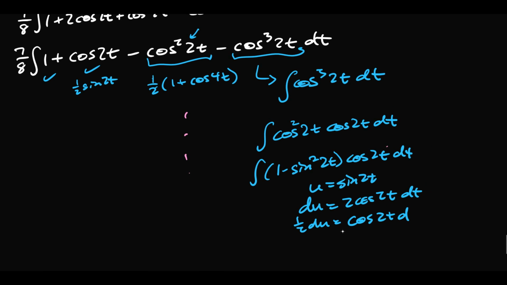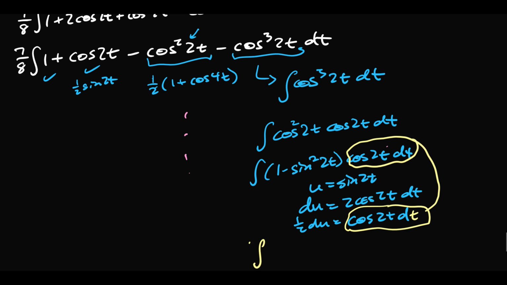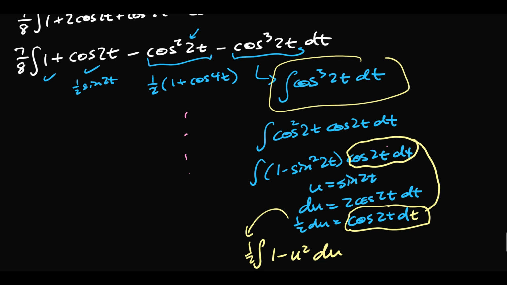So this replaces what we have up here, and our little mini integral becomes the integral, with 1/2 out in front, of 1 minus u squared du. So that's how you're going to take care of this integral. This becomes a little complicated, but that's how you start.